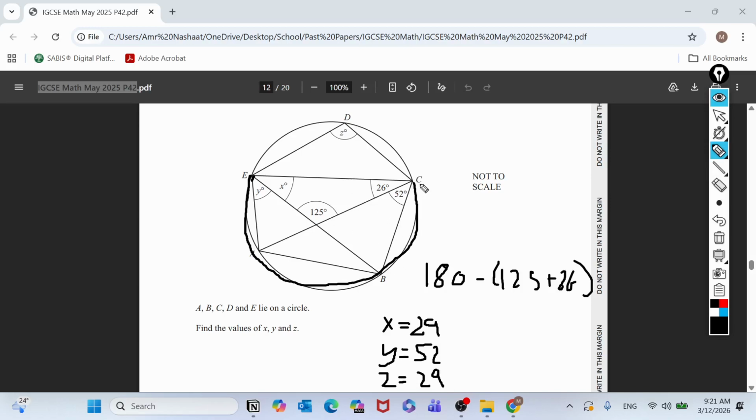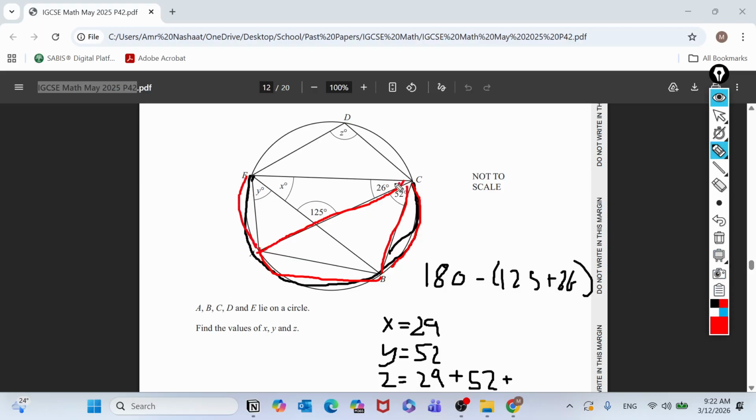This side is 29. Let me use a different color. This side is 29 plus 52. Let's see this side also. It's 52, so 29 plus 52 plus what's left. This side is left.